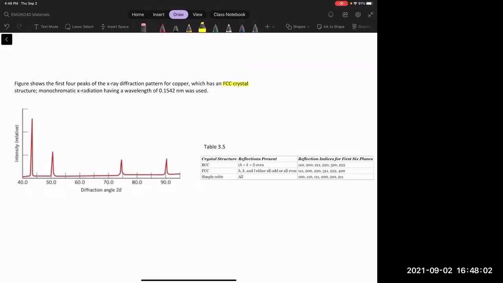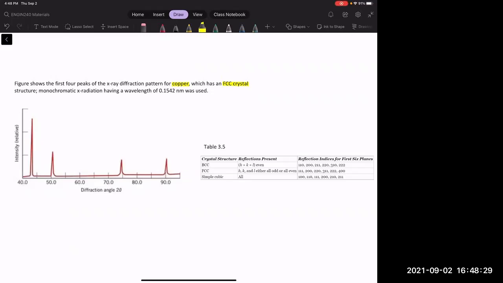This is the FCC crystal structure. And this one here that we are doing is copper. Supposedly, the X-ray diffraction can find out the element without giving you what this element is. They don't even need to tell you FCC, but you can still figure it out by using this.